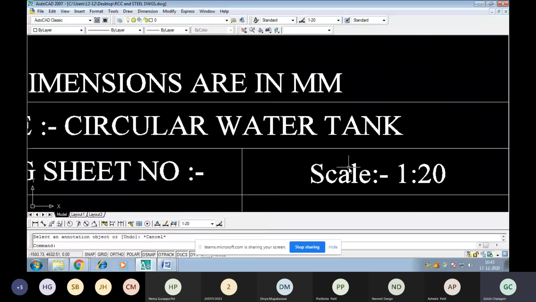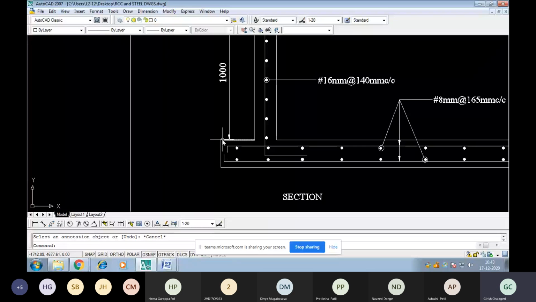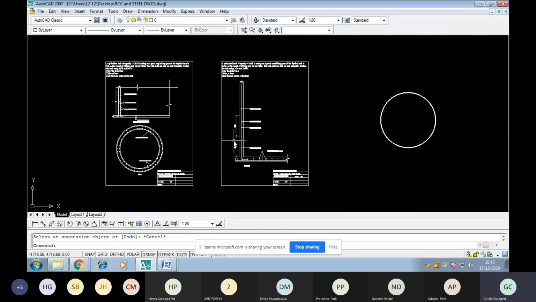So if I write 1:20 scale here, using your small scale we can measure this when you take out the prints. So when you take out the print, it should be at the scale itself. Then only we will get the correct dimensions. That's what you need to do.